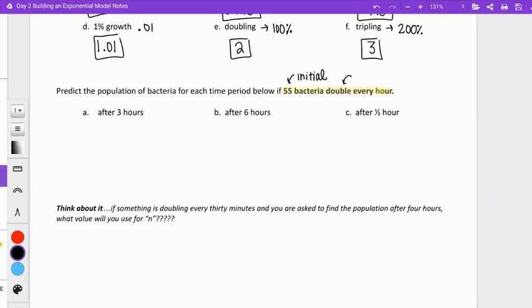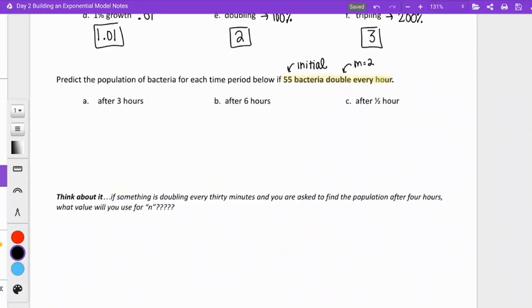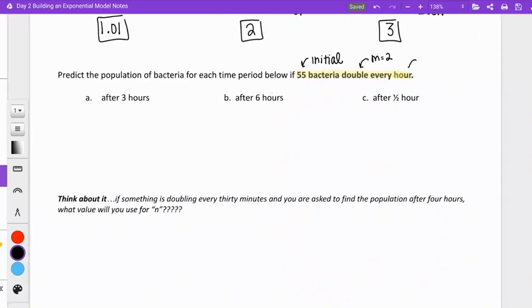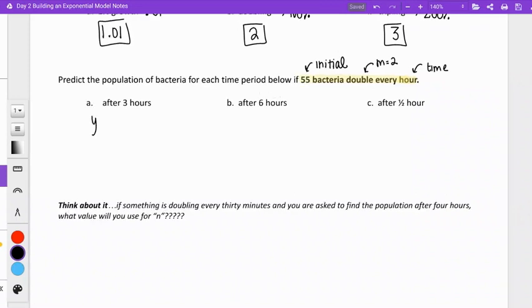And the fact that we double every hour means that our multiplier is 2. And if we're talking about hours, we're talking about time, right? So if we want to figure out how much bacteria we have after 3 hours, we would create y equals some sort of model, right? Our initial value, which is 55, times our multiplier, which is 2, and we would raise it to the third power.